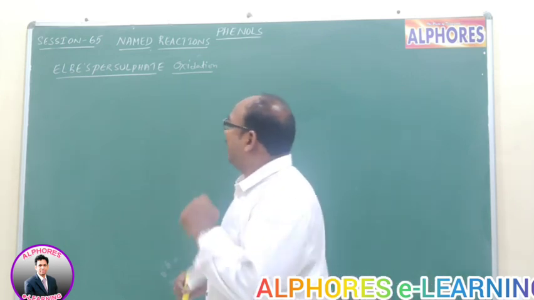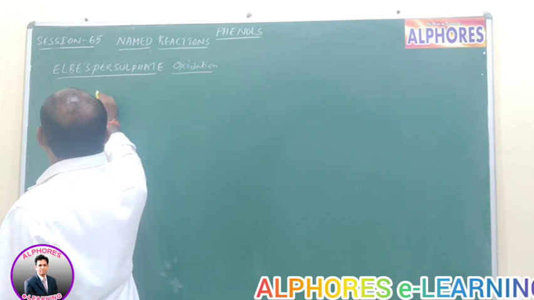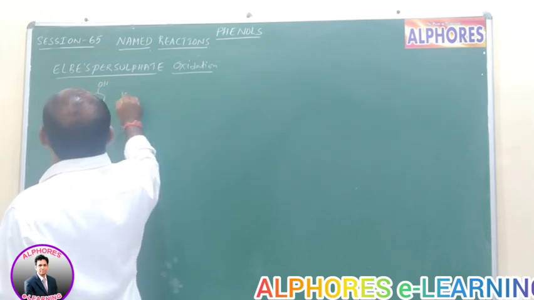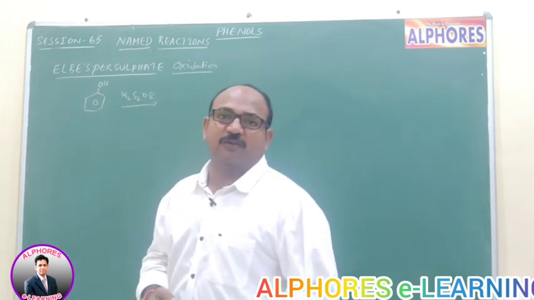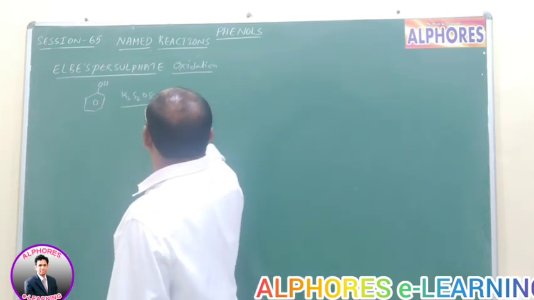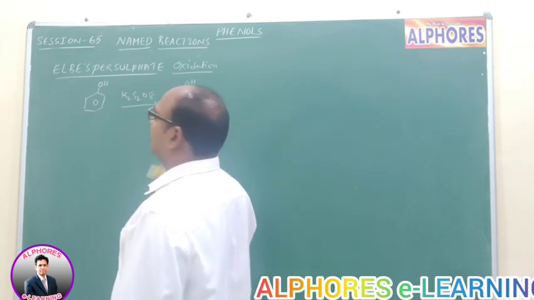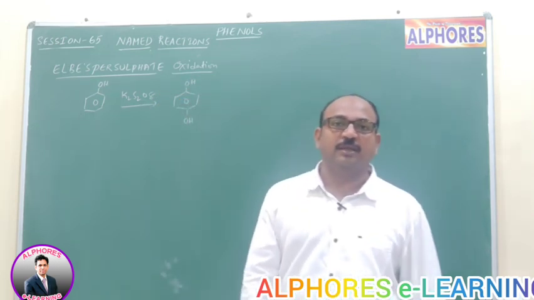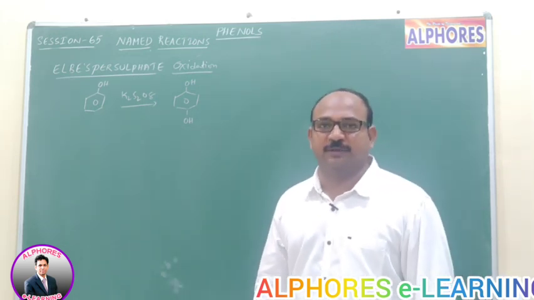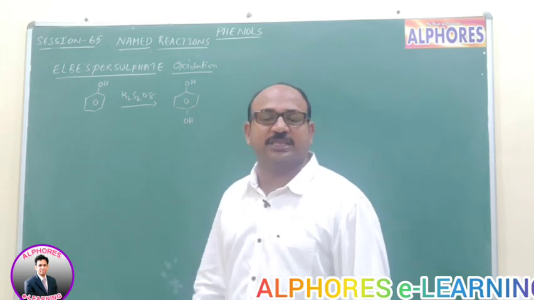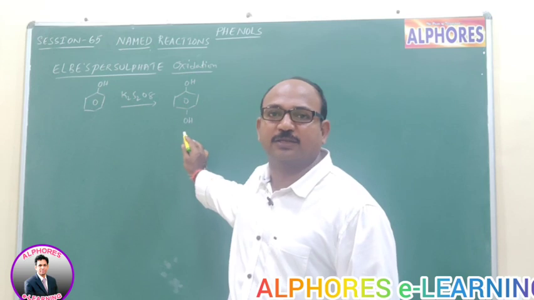But with Elbs persulfate oxidation, phenol upon oxidation with K2S2O8, a salt of peroxysulfuric acid, gives para-dihydroxybenzene, 1,4-dihydroxybenzene. This reaction is what we call Elbs persulfate oxidation, which is quite different from all the rest.